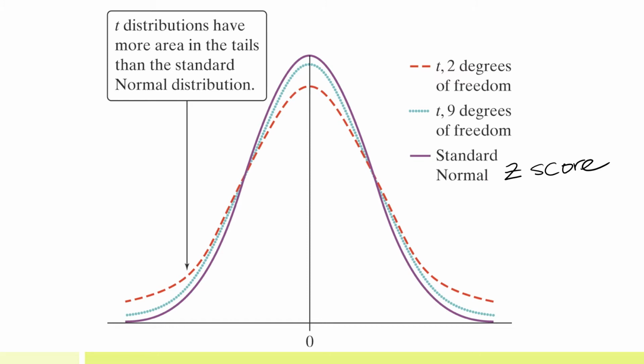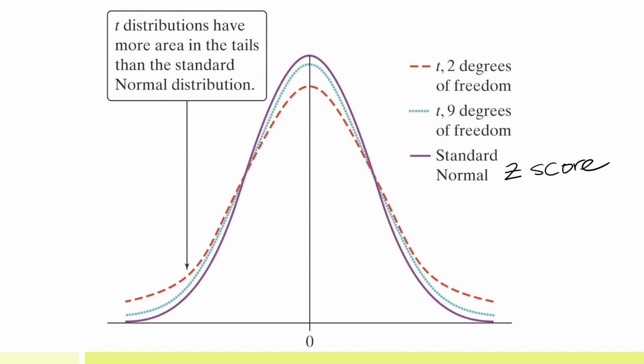You notice that it's shorter here, and we're going more into the tails. With 9 degrees of freedom, a little bit more variables, it's a little bit taller, still a little bit more in the extremes than the normal. And as we approach normal, it gets closer and closer to normal.